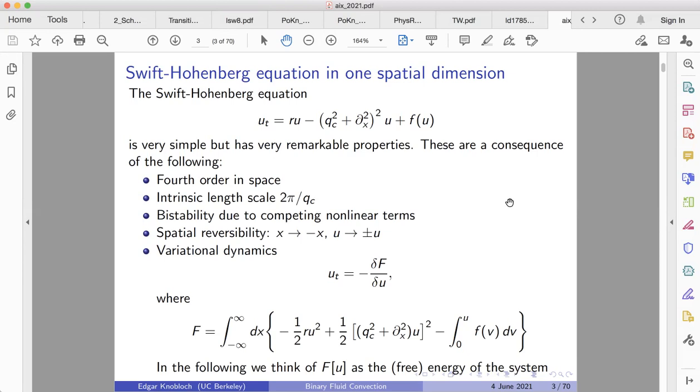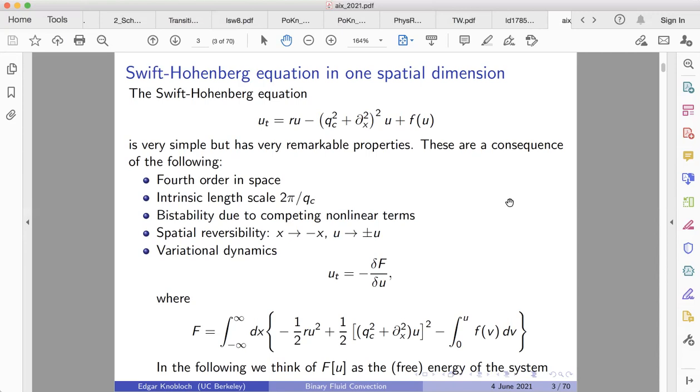Now, this equation has some important properties, and one of those is that it is reversible in space, and by that, I mean that it's invariant under x goes to minus x, and then depending on the form of this nonlinear function f of u, there may be additional symmetries, for example, u goes to minus u in the case of a cubic quintic nonlinearity.